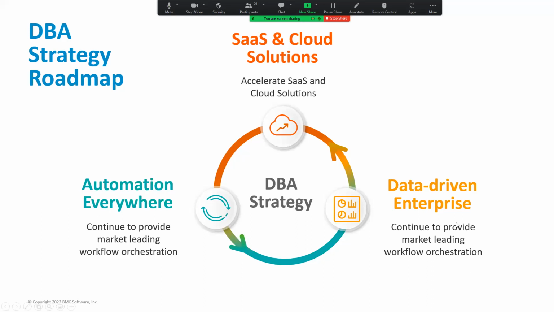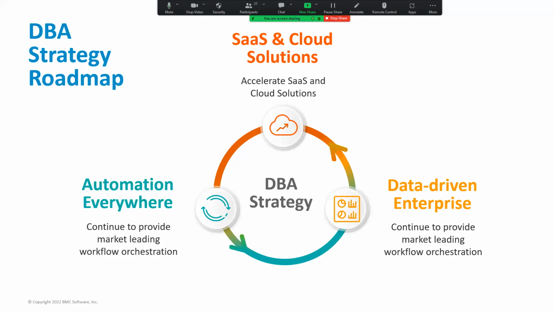And then the third pillar is data-driven enterprise, which means that we want to continue to play a key role when it comes to orchestrating enterprise-wide data pipelines. And we want to be sure that those data pipelines can be accessed by technical people like developers, data engineers, machine learning engineers. So these are the three major investment pillars.